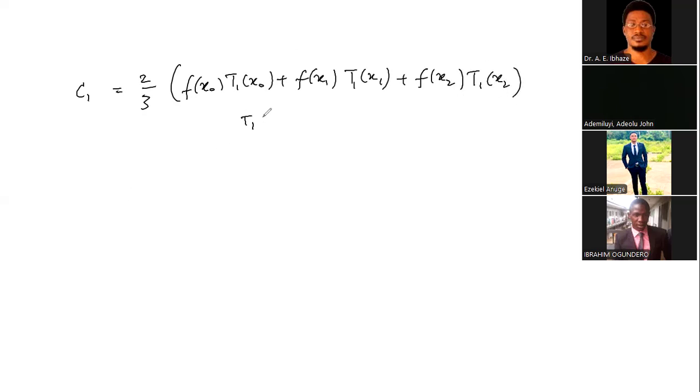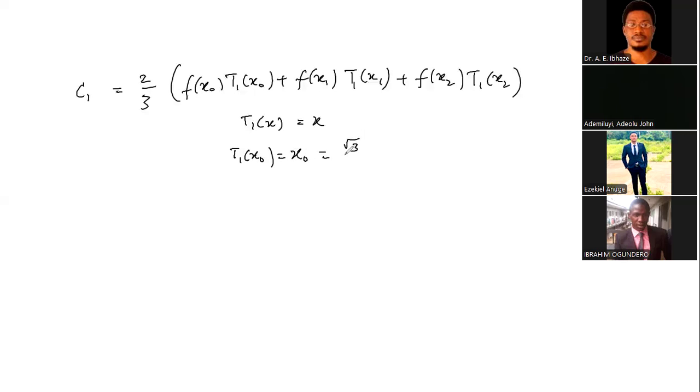Now we know T1 of X is the same as S, right? So we can now evaluate this. We know what X is for each of the points. So T1 of S0 will be the same thing as X. So what is X1? It will be the same as S0 rather.